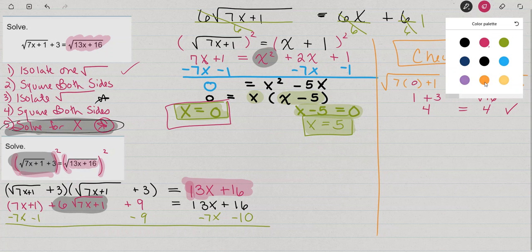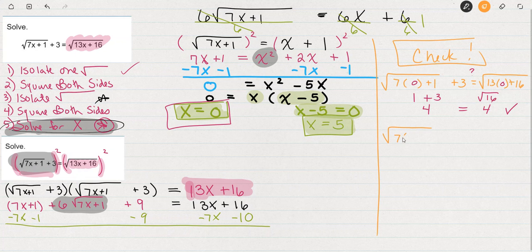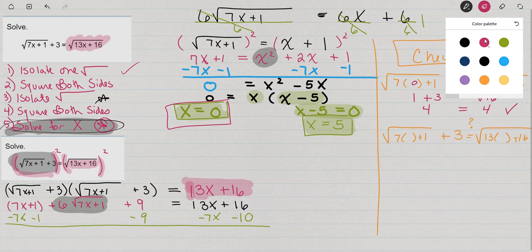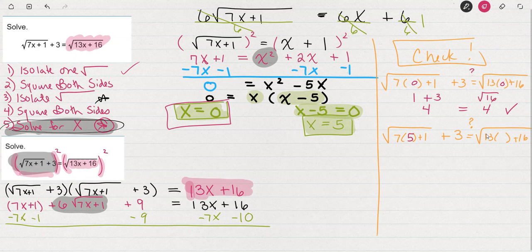Let's check the 5. So we have the square root of 7x plus 1, plus 3, equals the square root of 13x plus 16, and we're verifying if I replace that x with a 5, is it still true? So what we have on our left is the square root of 35 plus 1, so that's the square root of 36, plus 3.